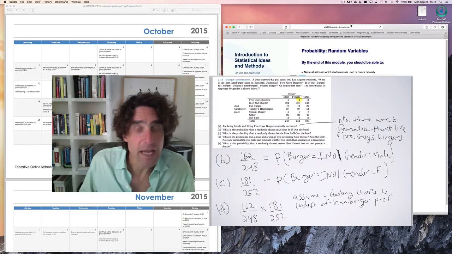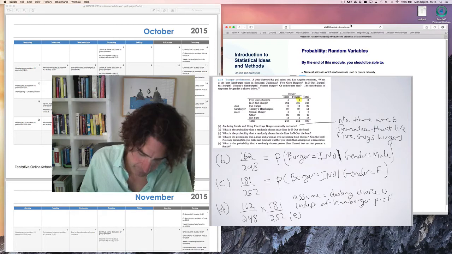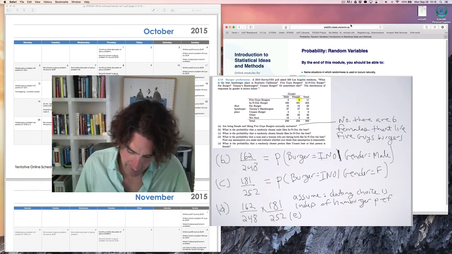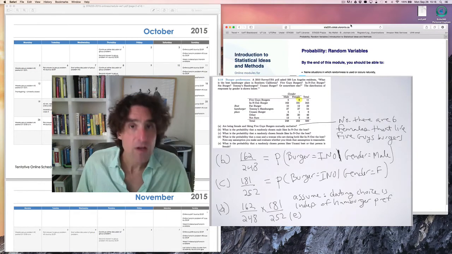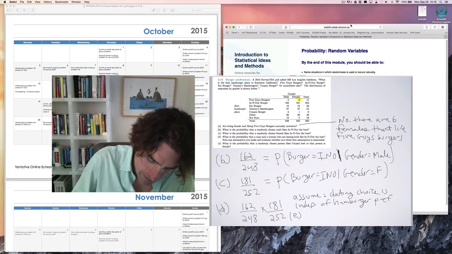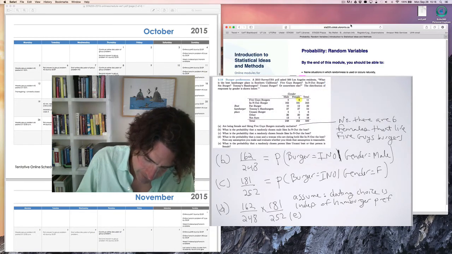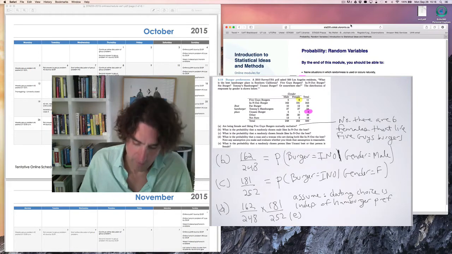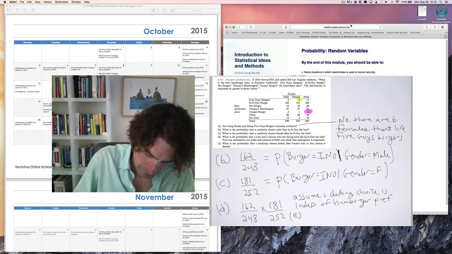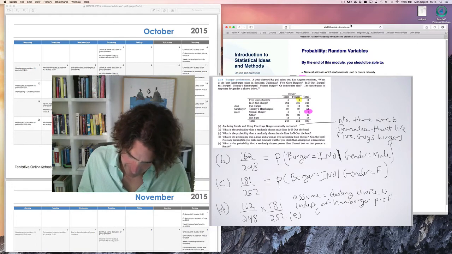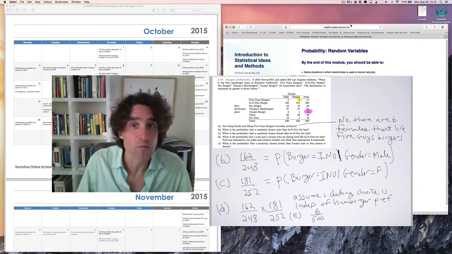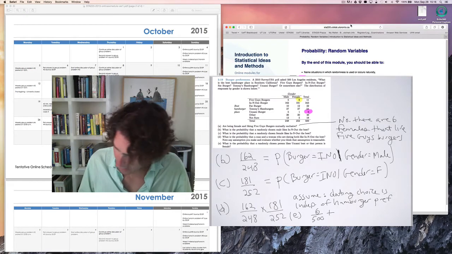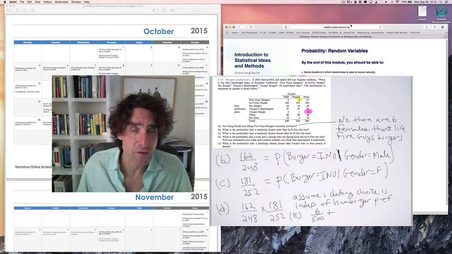And finally, for the last one, part E, what is the probability that a randomly chosen person likes umami best, or that person is female? So for umami burgers, there are 6 people who like umami burgers. So that's 6 out of 500, because it's a randomly chosen person, plus a randomly chosen female.